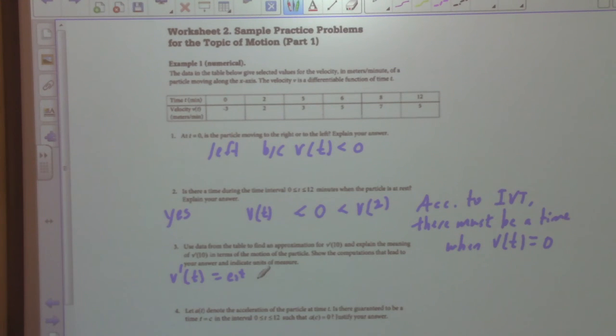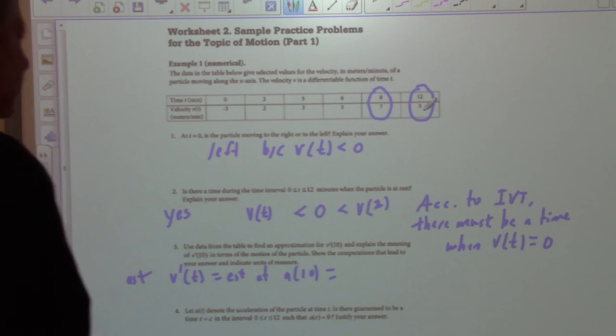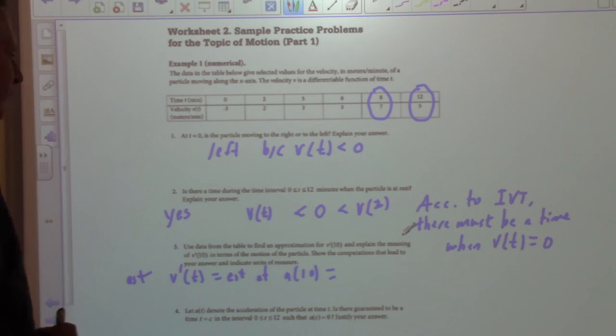Estimate of V prime of 10 equals estimate of acceleration at 10. And what that is going to be is, we have this right here. I'm trying to see what those numbers are here. Is that 5? Yes. Okay.